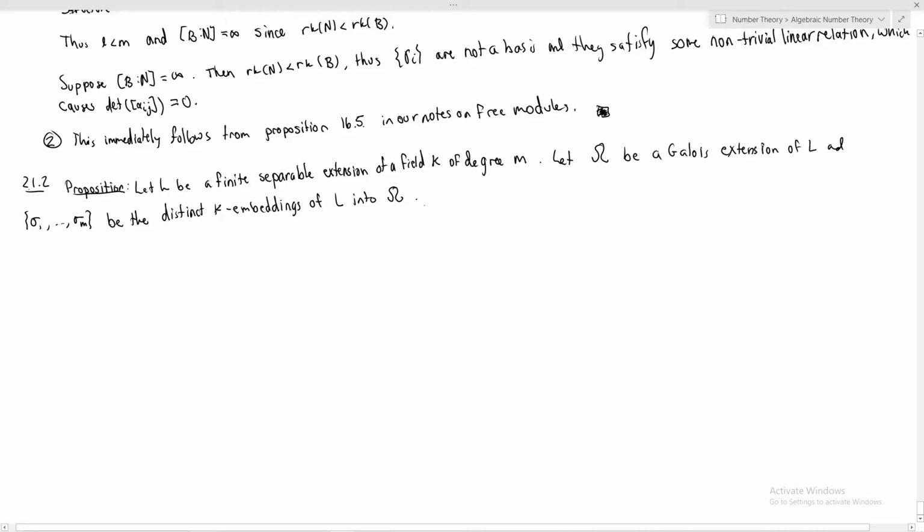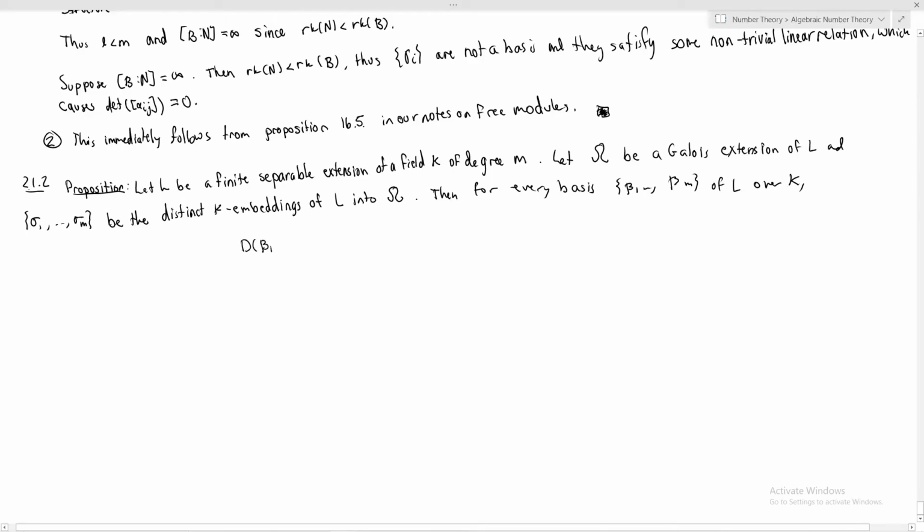Okay. And the claim is as follows. For every basis beta_1 through beta_m of L over K, we have the following formula.